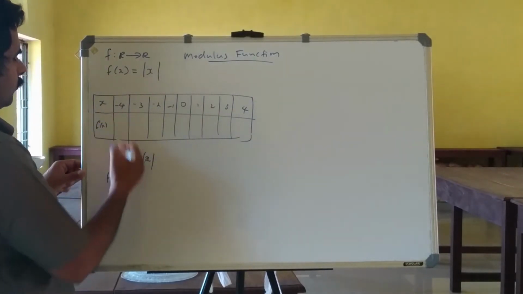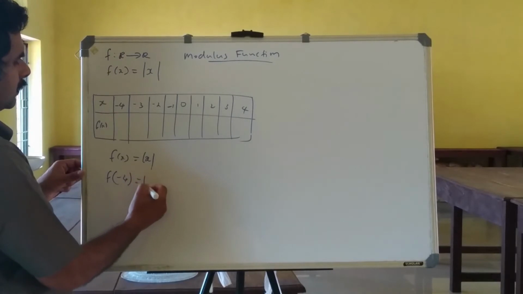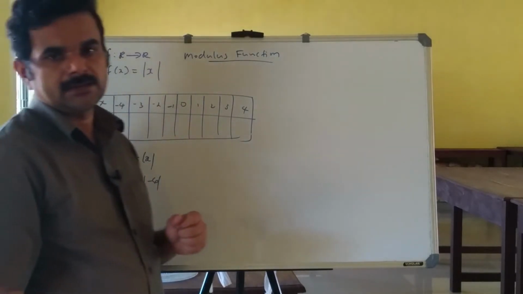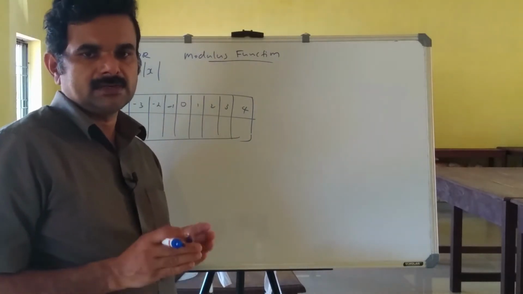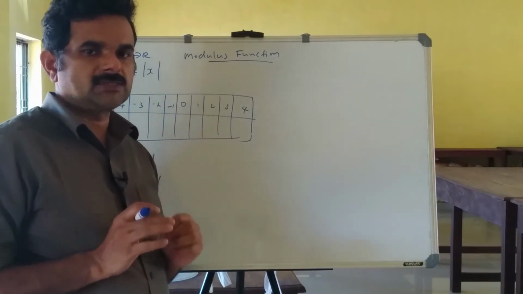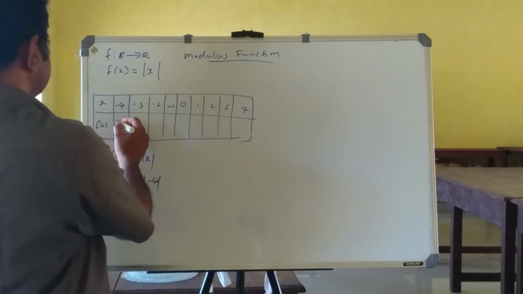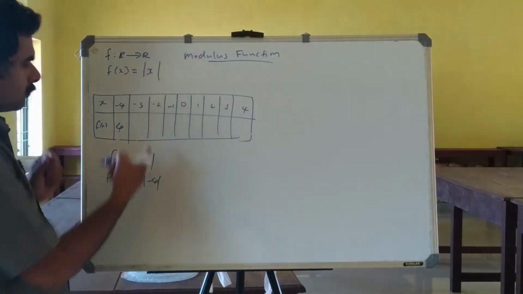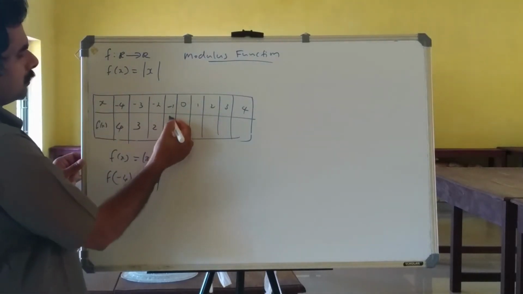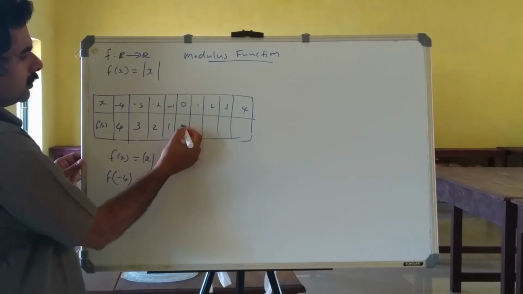Then f of minus 4 equal to what? Mod minus 4. So what does modulus mean? Modulus means taking only the positive value. Modulus of minus 4 means 4 only. Modulus of minus 3, 3. Modulus of minus 2, 2. Modulus of minus 1, 1. Modulus of 0, 0.